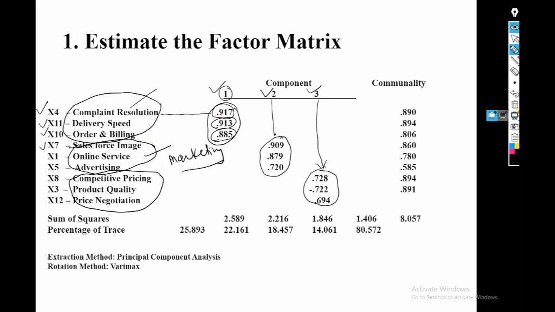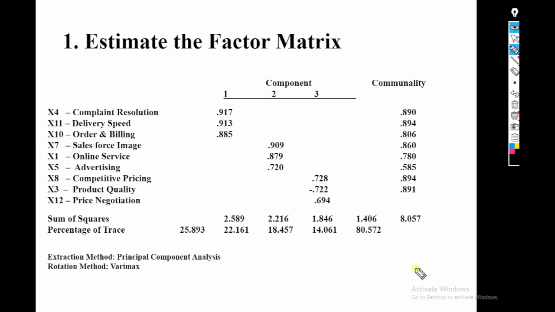Now you can see here communalities. Communality means when we square this factor loading plus the square of this factor loading, and so on. I did not write them all here because the factor loading values are small, but we square them and we get the communality.